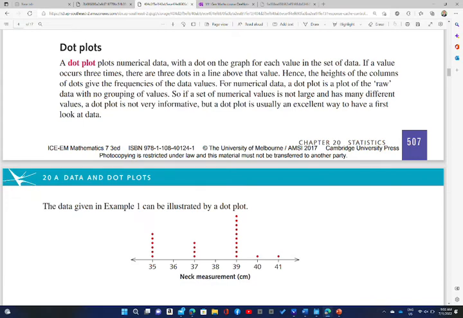And it helps you to define a few pieces. For example, the one that occurred most, in this particular case, was 39. The one that occurred least, you didn't have any 36s or 38s. So you can gather some information pretty quickly from a dot plot. Okay?